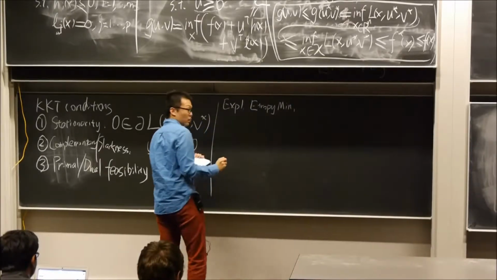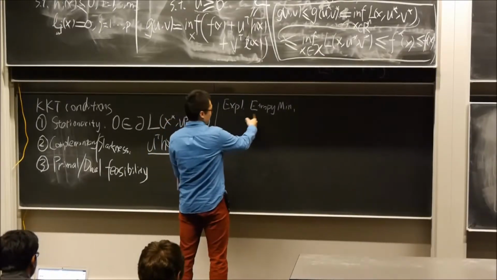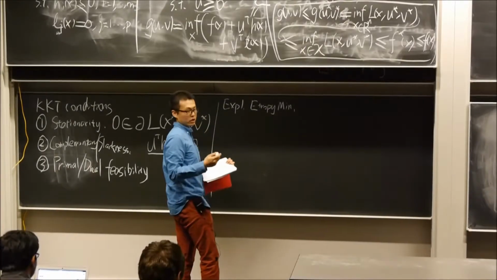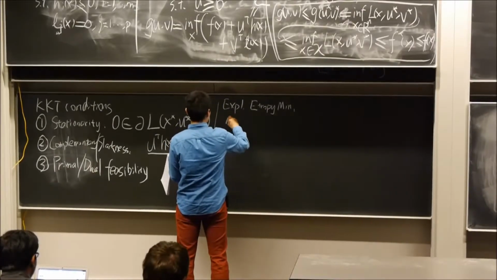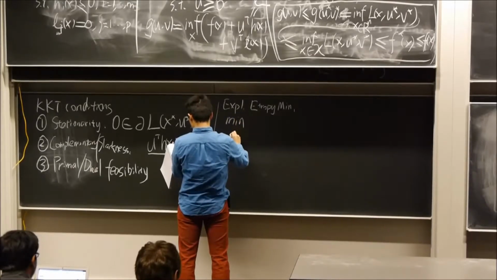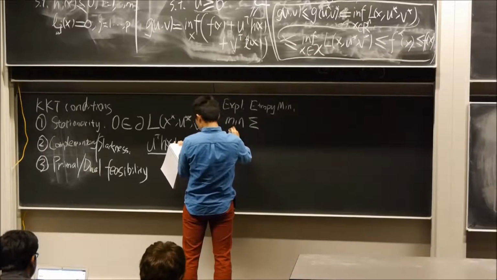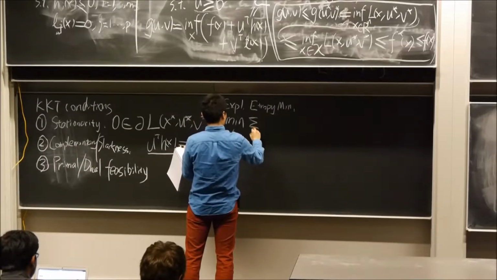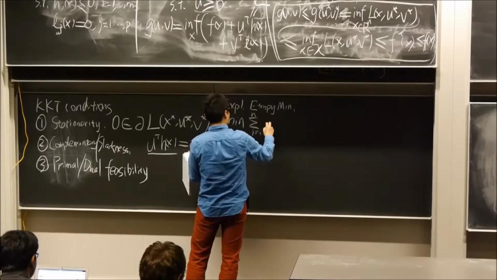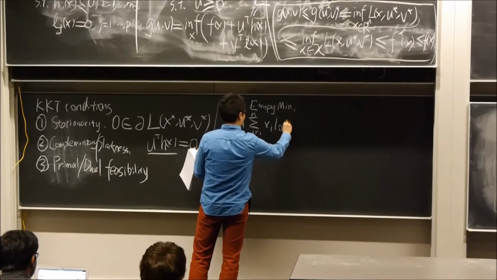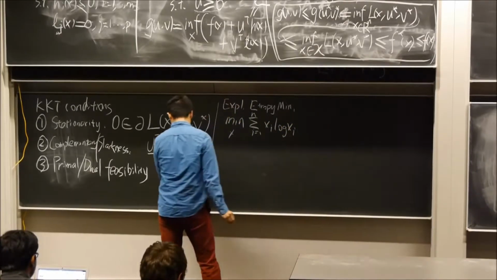The minimization of the negative entropy, or maximization of the entropy, can be written in this form: minimize the sum over i equals 1 to n of x_i log x_i.